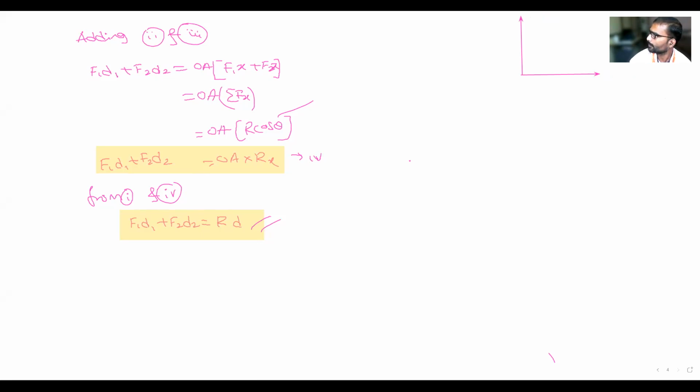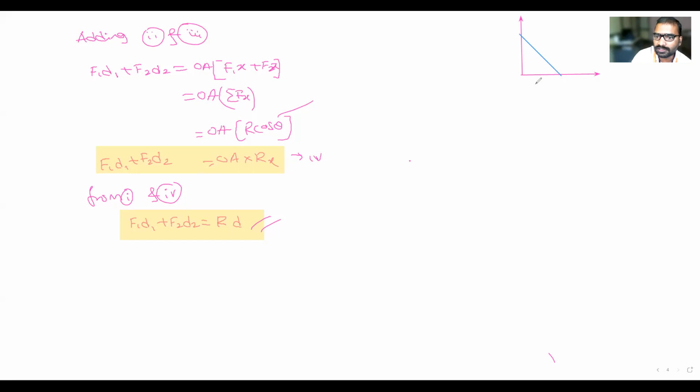So we have to find out the resultant force. Consider this is a resultant force passing through the x-axis and y-axis. It is cutting the axes at this point and at this point.